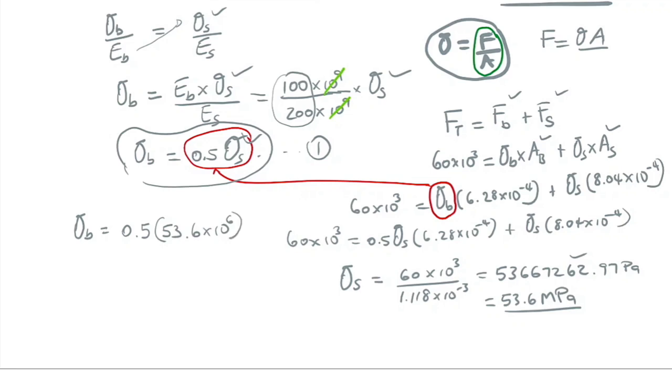This gives 26,833,631.48 Pascal, which is 26.8 megapascal. That is the stress for the brass.